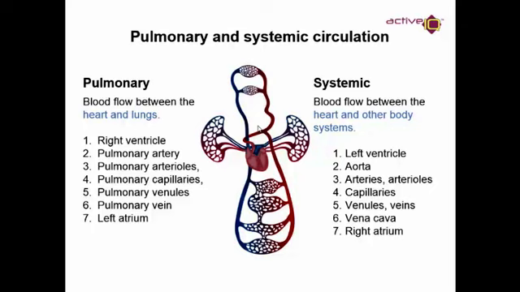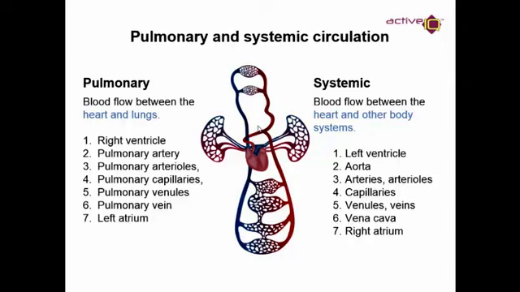Essentially, the arterioles are a smaller version of the artery, and the capillaries are very small blood vessels where diffusion can take place. So we can get oxygen into the bloodstream, or we can get carbon dioxide out of the bloodstream.